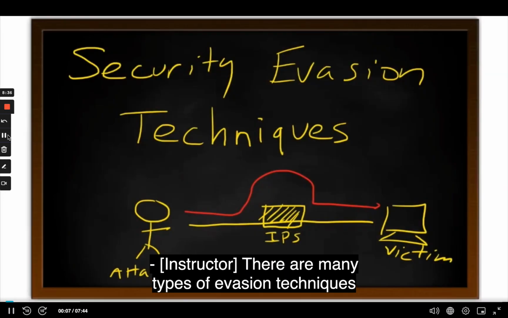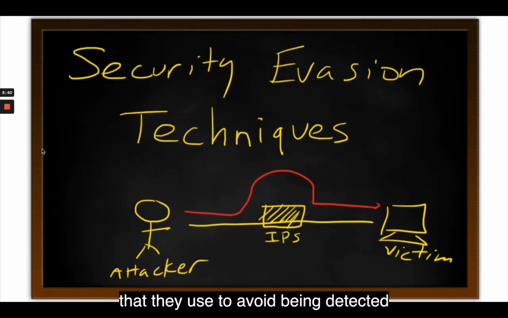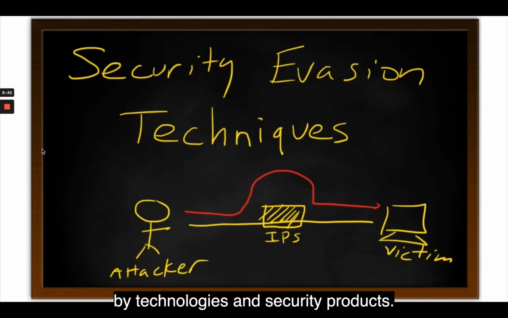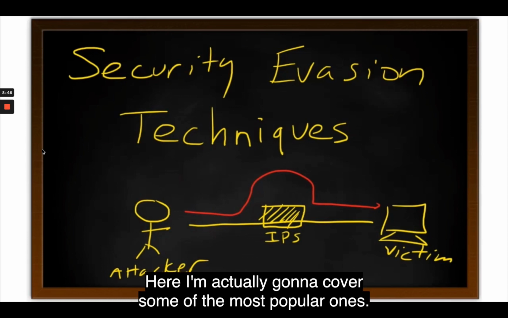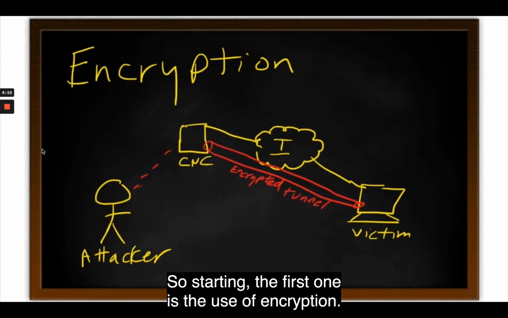There are many types of evasion techniques used by attackers nowadays to avoid being detected by security technologies and security products. Here I'm going to cover some of the most popular ones. The first one is the use of encryption.